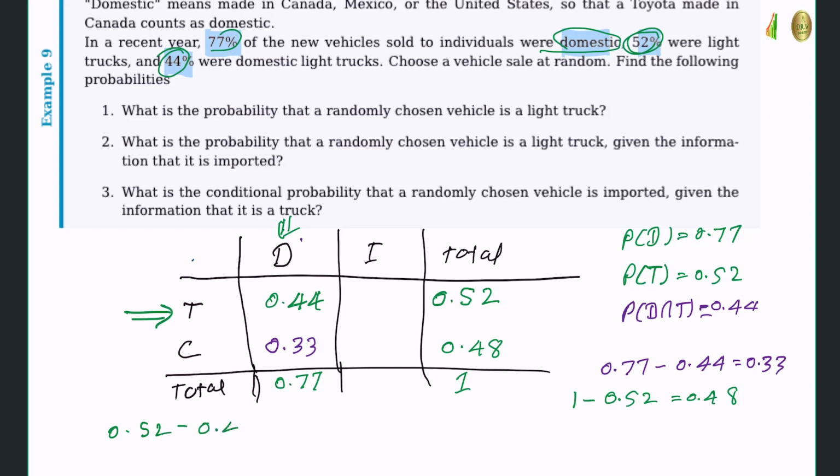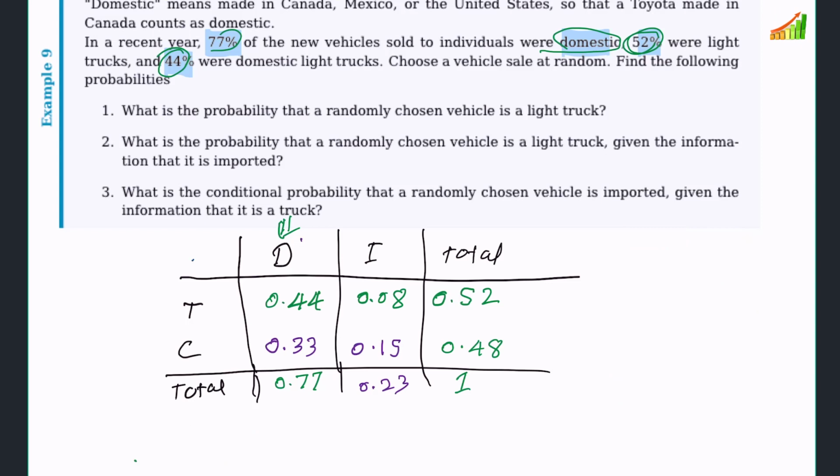So subtract 0.44 from 0.52, it is 0.08. Now you can go to this one. In a similar way, we know the total probability of cars is 0.48 and the probability of domestic cars is 0.33, then subtract, so that is 0.15. Then for the total you can add them together, which is 0.23.